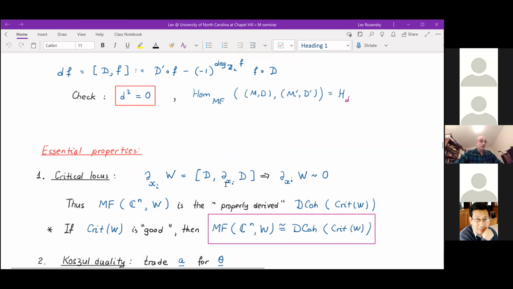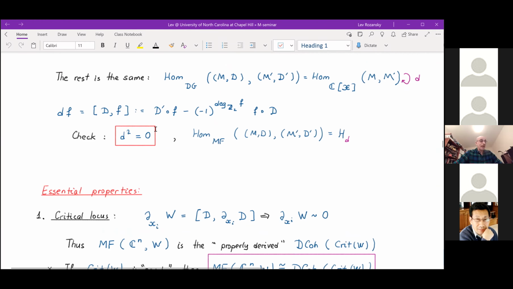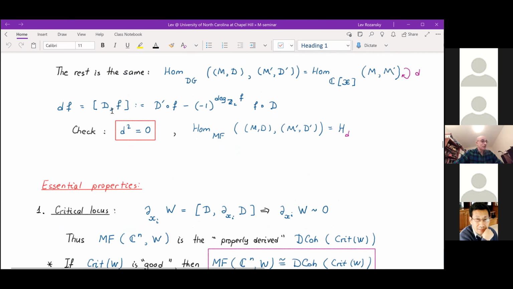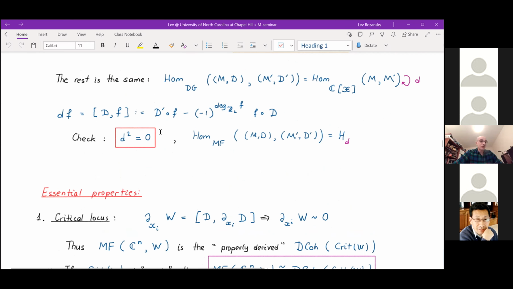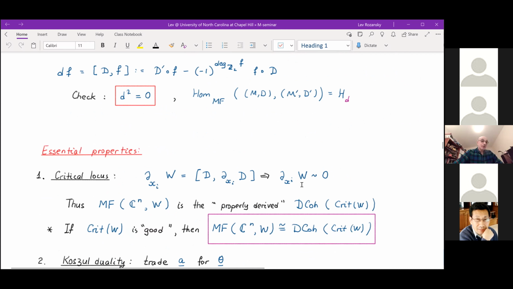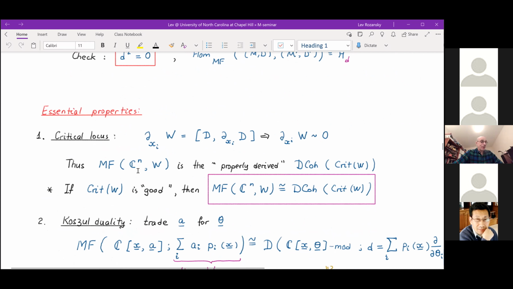Their commutator is the commutator of partial derivatives of D with D. By the way, you can think of this D capital as a square matrix whose entries are polynomials because it relates free modules of equal rank. So partial derivatives of W are homotopically trivial. So you can say that the category of matrix factorizations is properly derived coherent sheaves sitting on the critical locus of W.